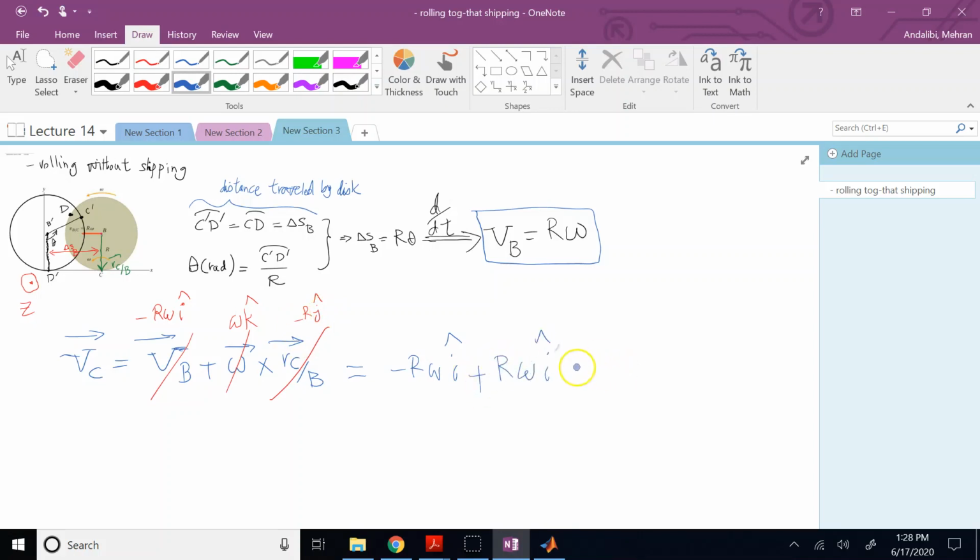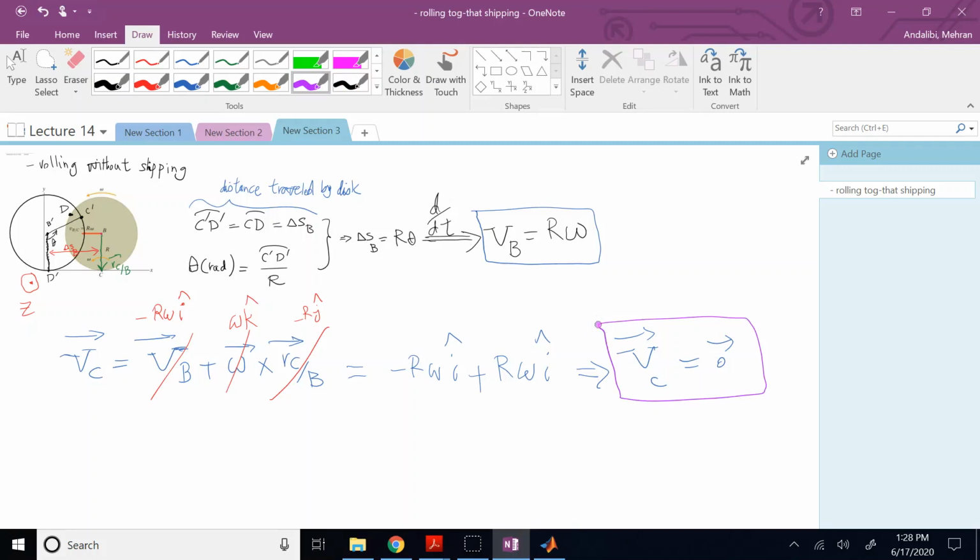You add them together, and you get 0. So we got back to what we wanted, right? That V of the contact point is 0. That's another way to describe rolling without slipping.